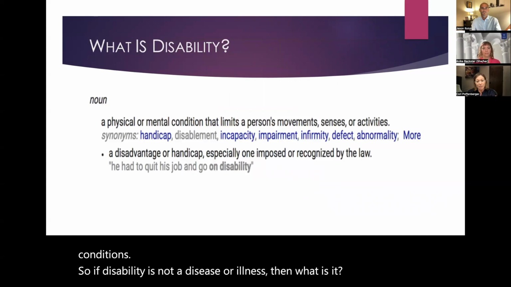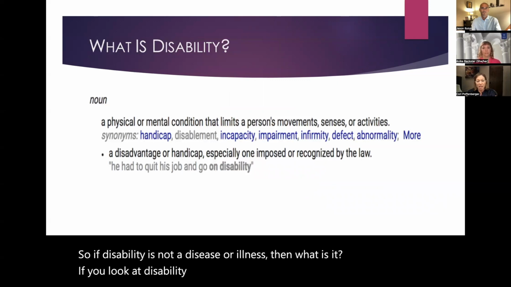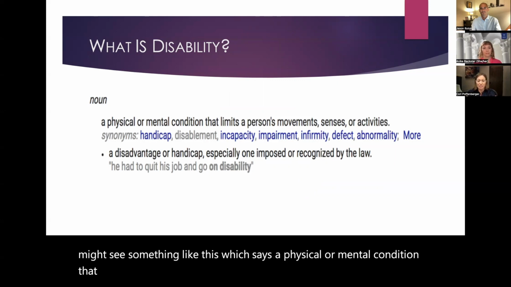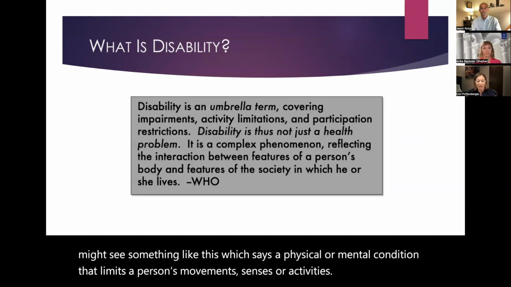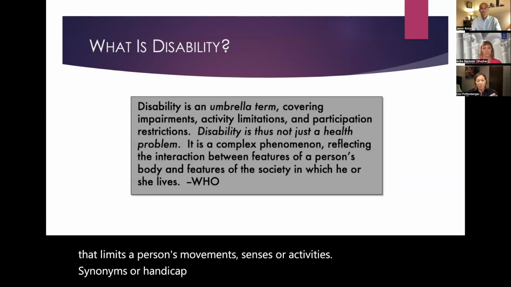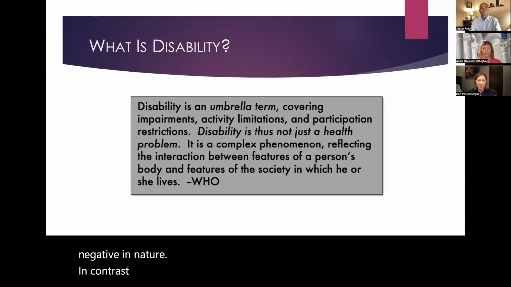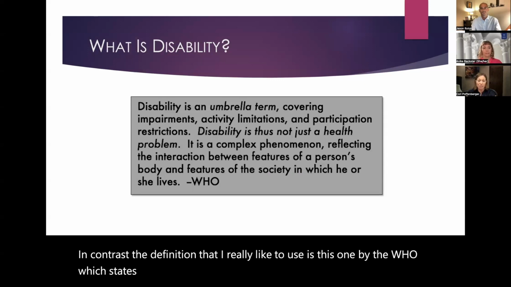If you search online for the definition of disability, you might see something like this, which says a physical or mental condition that limits a person's movements, senses, or activities. Synonyms are handicap and some of these other words that are very negative in nature. In contrast, the definition that I really like to use is this one by the WHO, which states that disability is an umbrella term covering impairments, activity limitations, and participation restrictions.